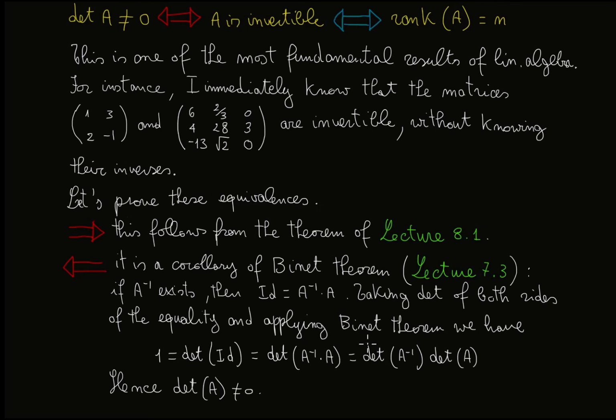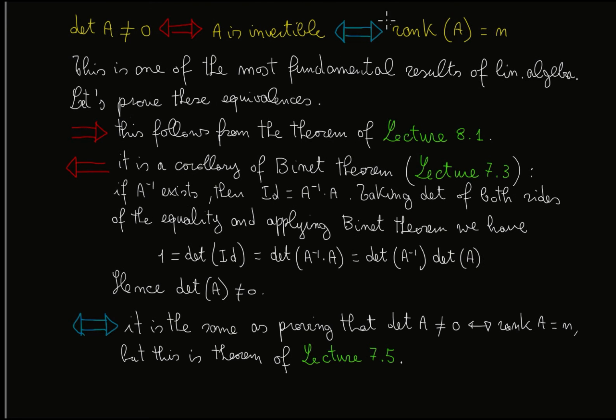And looking at the right-hand side of this chain of equations and the left-hand side, we see that 1 equals the product of two real numbers. Therefore, each of these two real numbers is non-zero. In particular, the determinant of A is non-zero. Finally, we prove the equivalence of the statements which we have connected with the blue arrows.